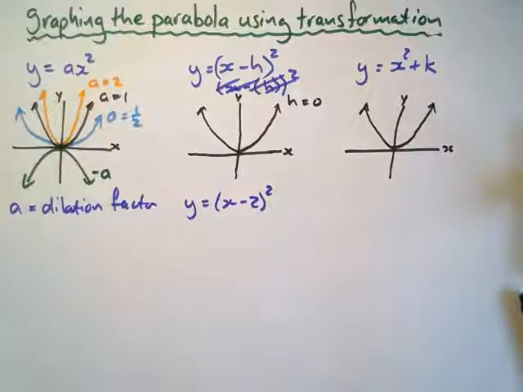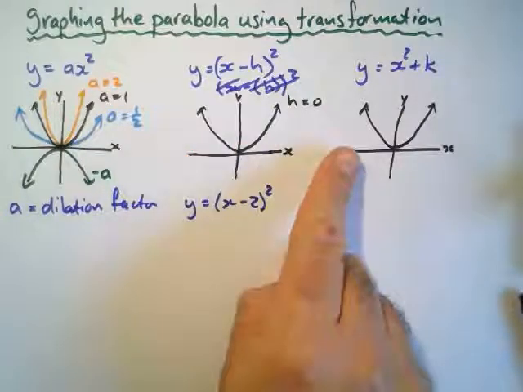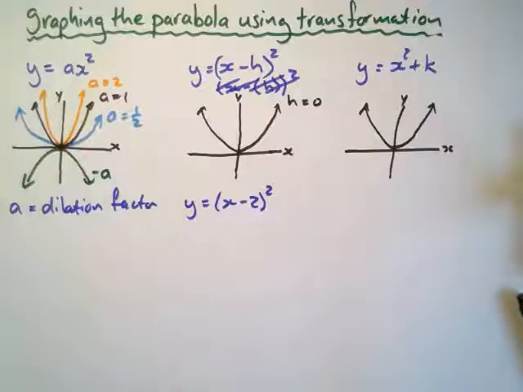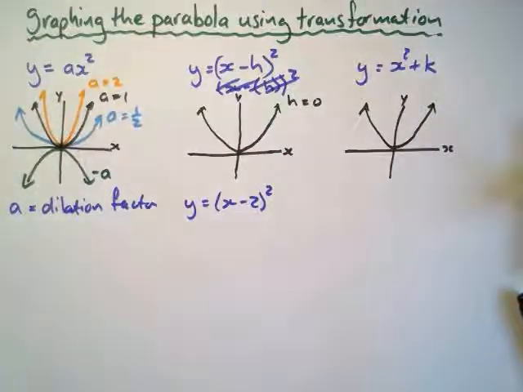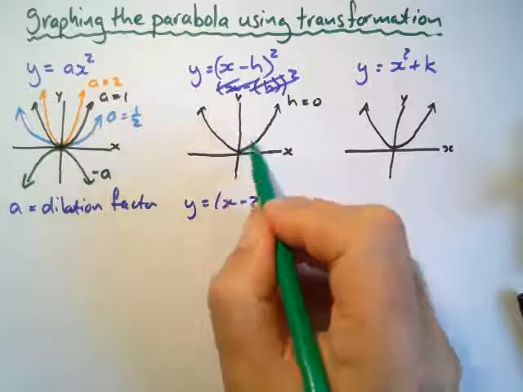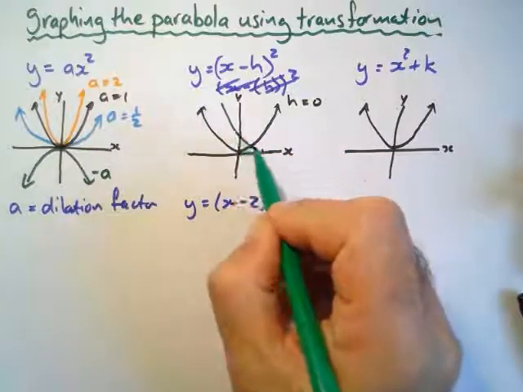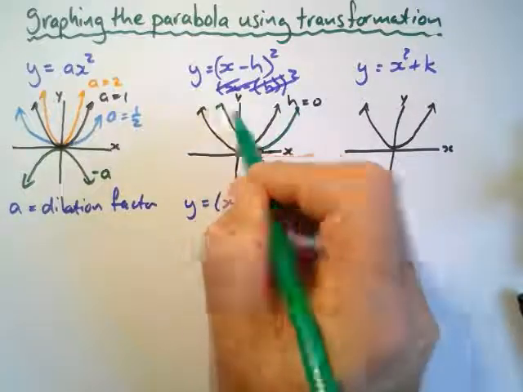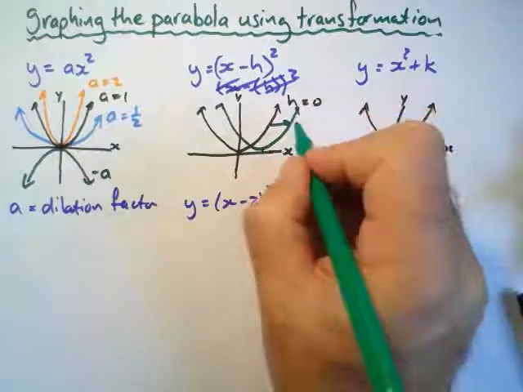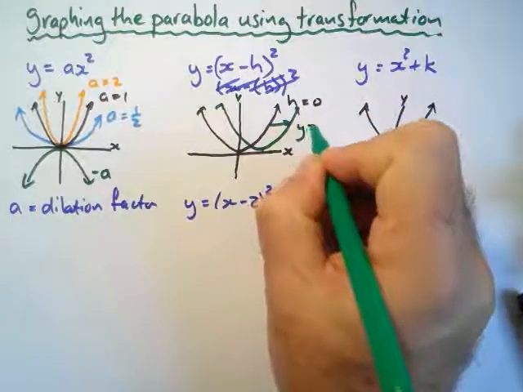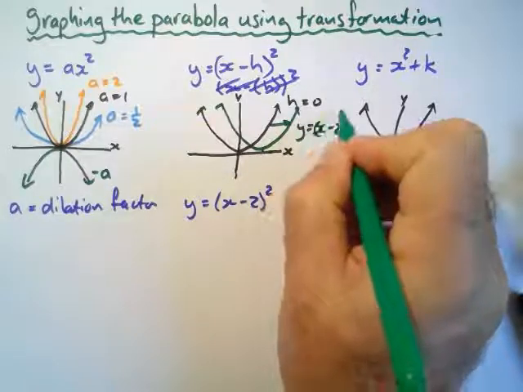What will happen then is it will move in the opposite direction, which means it will move in the positive direction. So everything as it is will move into the positive direction. So this will move there, and everything will move in that direction. So there's a movement of 2 units in that direction. This will be y equals x minus 2 squared.